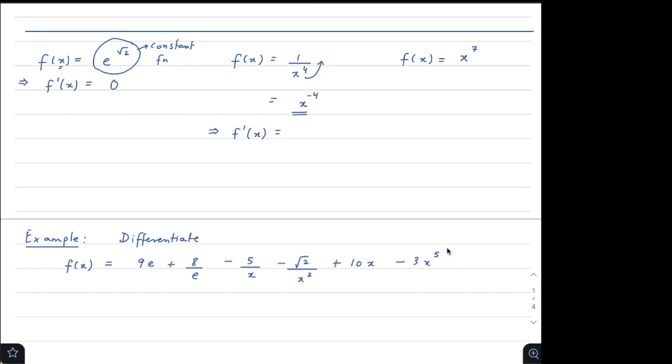Now, if you differentiate it using the power rule, you will get negative 4 x to the power negative 5, or you could write it as negative 4 over x to the power 5. And the last one, its derivative is 7 times x to the power 7 minus 1, or you can say 7 times x to the 6.